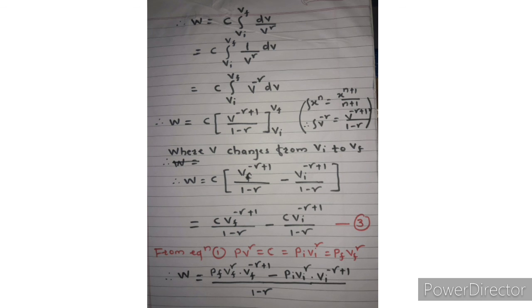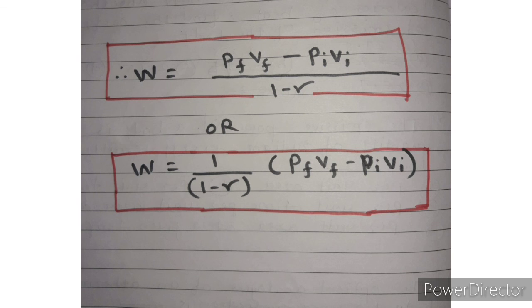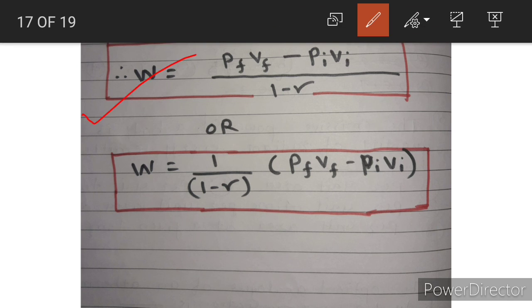Therefore you can write W is equal to Pf Vf minus Pi Vi divided by 1 minus gamma, or you can write W is equal to 1 by 1 minus gamma into Pf Vf minus Pi Vi. So this is the final equation of thermodynamics of an adiabatic process.